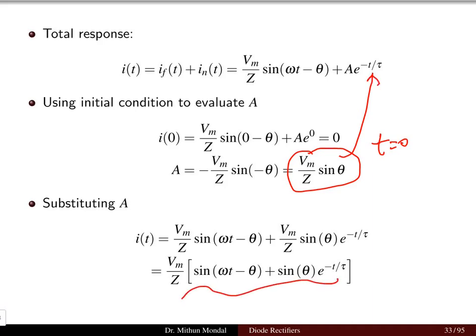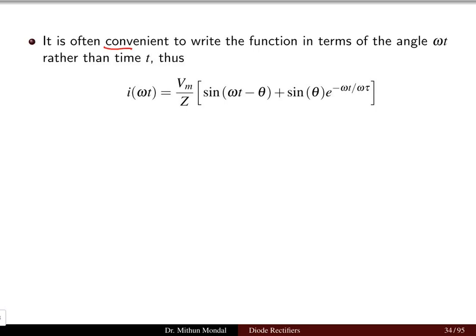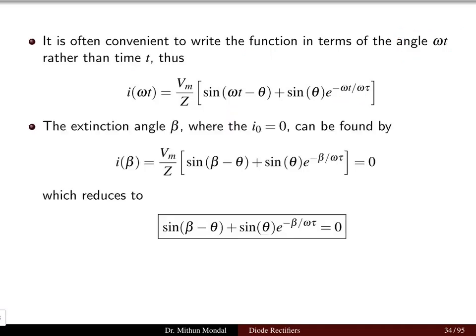Then the total current we can get, the expression where the maximum current is equal to Vm by Z, and then we have sin(omega t minus theta) plus sin theta e to the power minus t by tau, where tau is the time constant given by L by R. It is often convenient to write the function in terms of the angle omega t rather than time t. So we can write i(omega t) in this form, and wherever the time is there, you can substitute the omega t term.